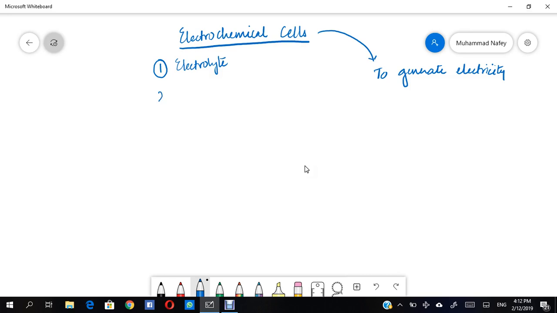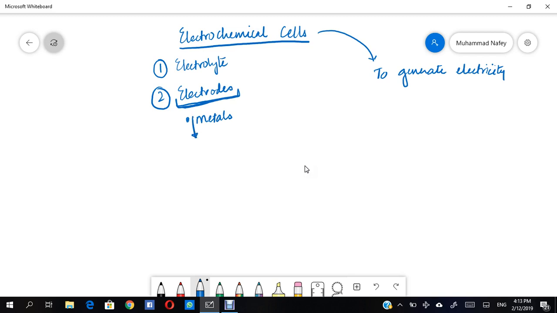The second requirement would be electrodes, obviously. But what kind of electrodes? That's the question. The condition is that the electrodes we use would all be metals. Why is that important? Because we can use graphite electrodes as well, but here we will not. Instead, the electrodes would be metals, and there is another catch.